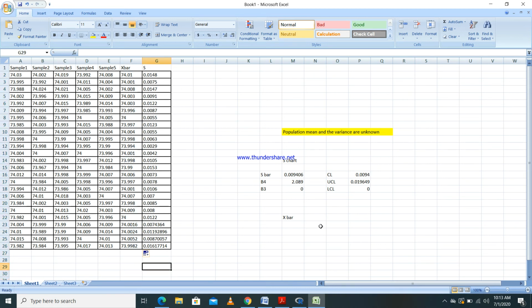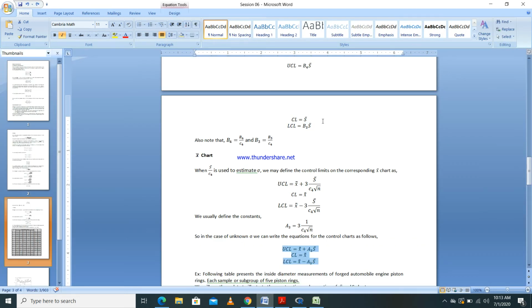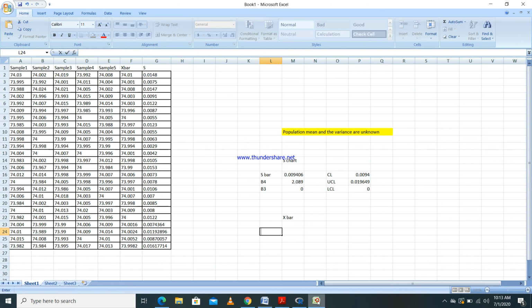Then I'm going to calculate the x double bar value here: I take the average of the averages.